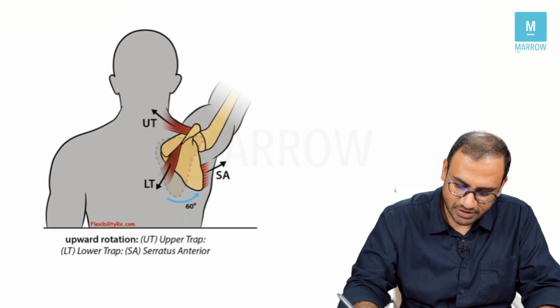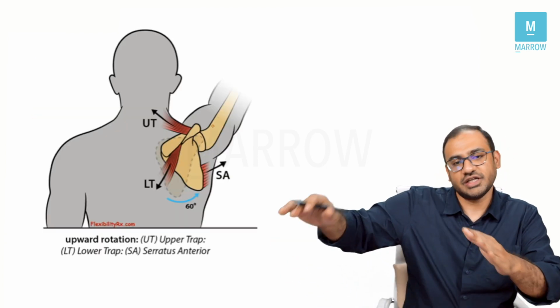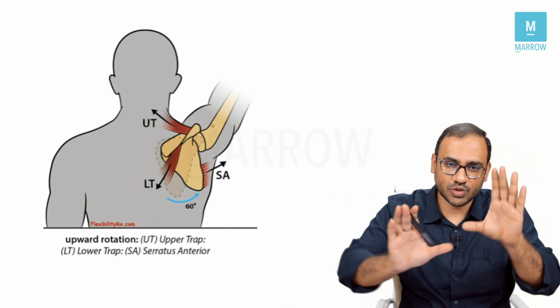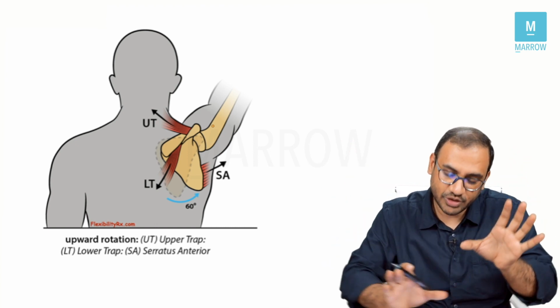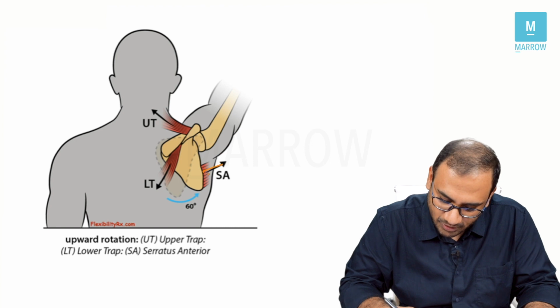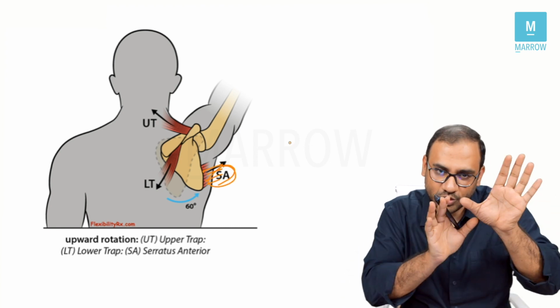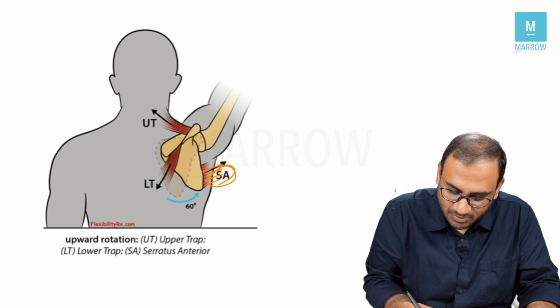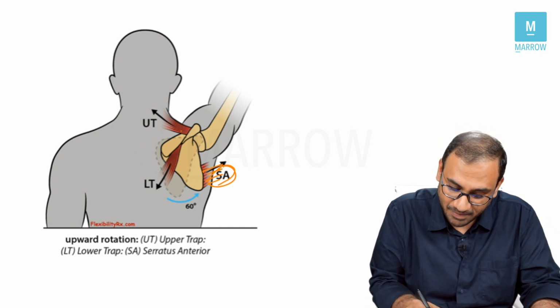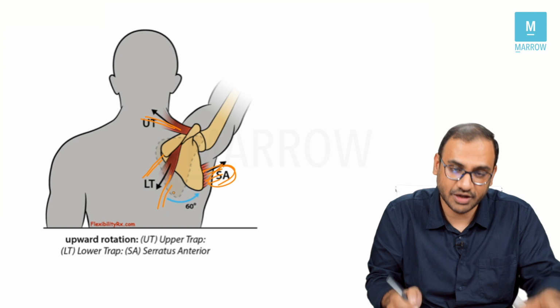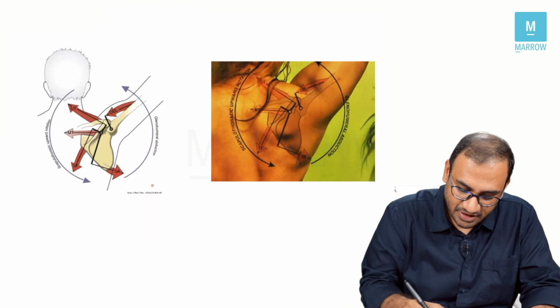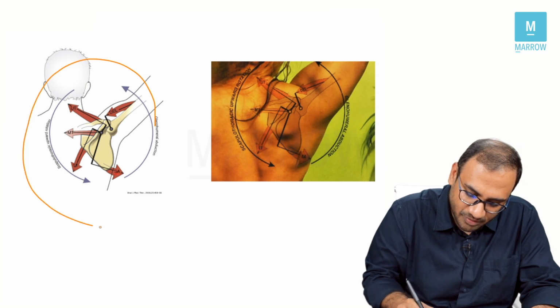So let me show you how it works. Your shoulder after reaching 90 degrees has to go more, and if it has to go more, the scapula has to rotate over the thorax, and this rotation of the scapula is brought about by the serratus anterior muscle rotating the scapula laterally and anteriorly, and the trapezius muscles, the upper part, the middle part and the lower part, all helping in the rotation of the scapula. It's much better in this image. So it's this cyclical movement that occurs.